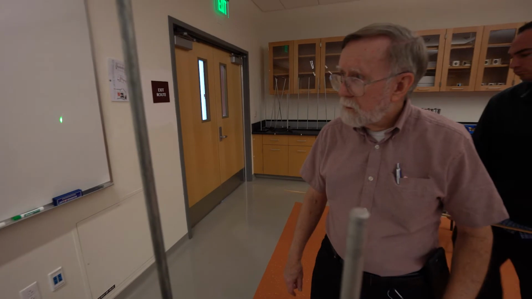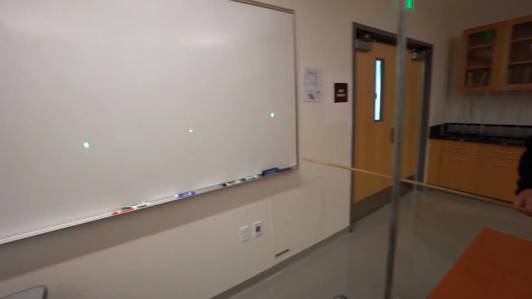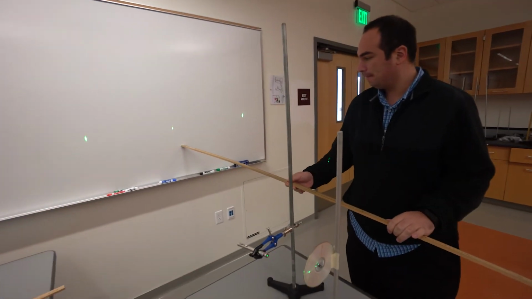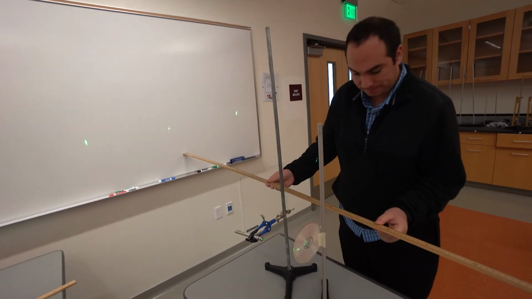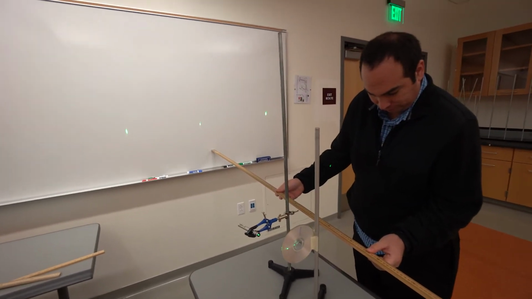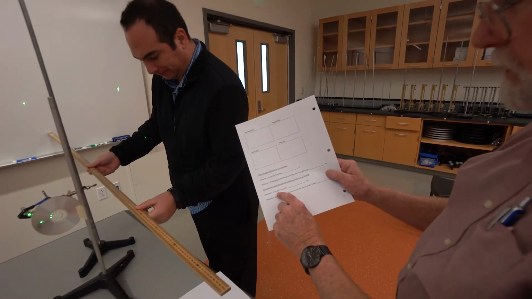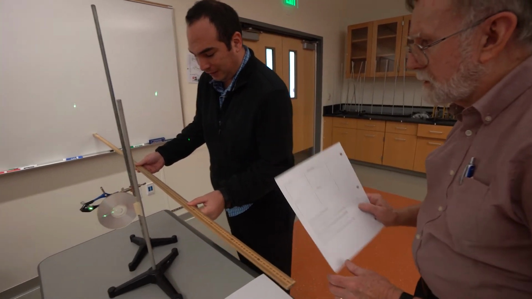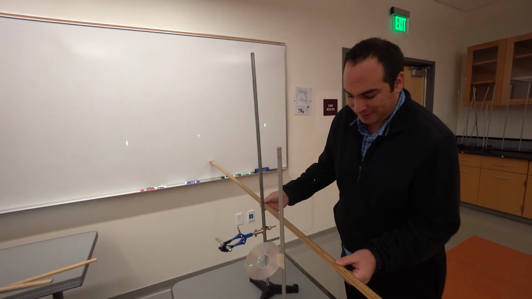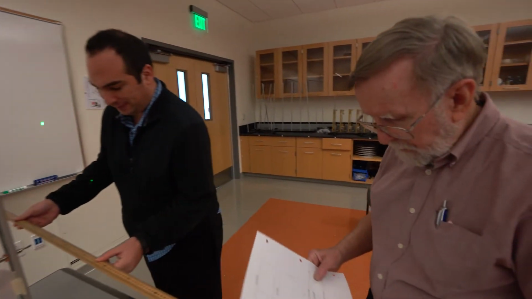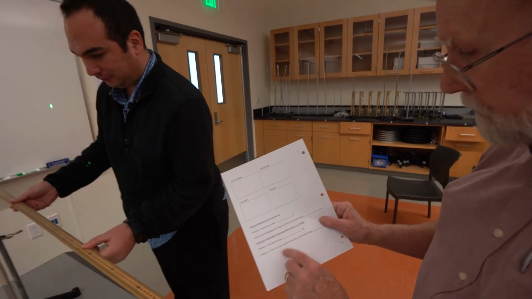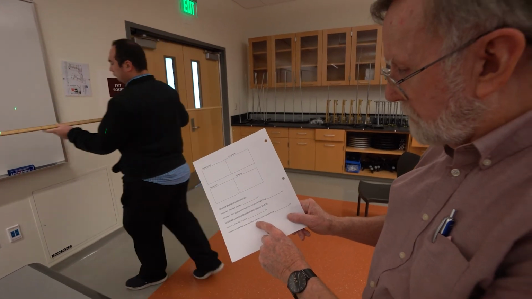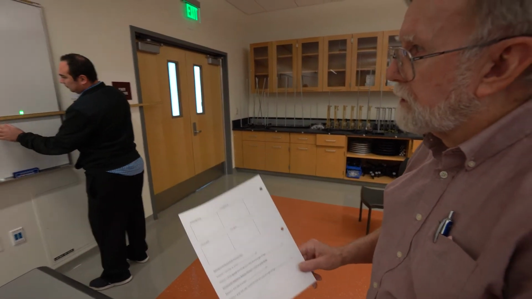So what we're going to do, probably don't even need to dim the lights for this. We're going to measure the distance L from the CD-ROM to the screen. And you can write that down on your data page where it says distance L from disk to screen, estimating separation distance. 146.5 centimeters is our distance L. Then it says to measure the distance X from the first order maximum from the central bright fringe.